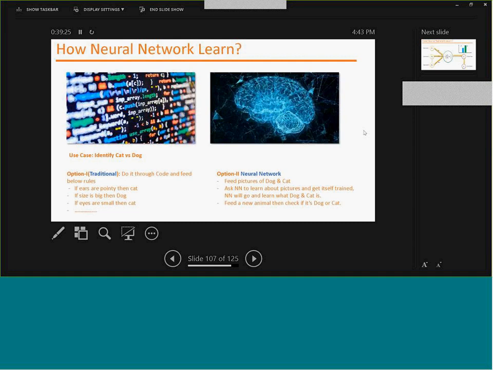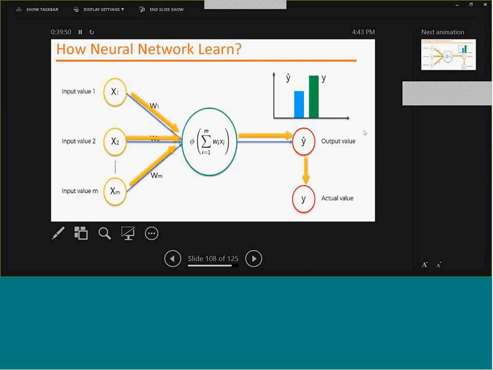But in a neural network, we feed the pictures to the neural network. It goes ahead, processes those pictures and tries to learn about dog and cat first. It learns the characteristics of dog and cat. And afterwards, if we try to cross-verify whether a new animal is a dog or a cat, it becomes very easy. This is the basic difference between all other algorithms and an artificial neural network.